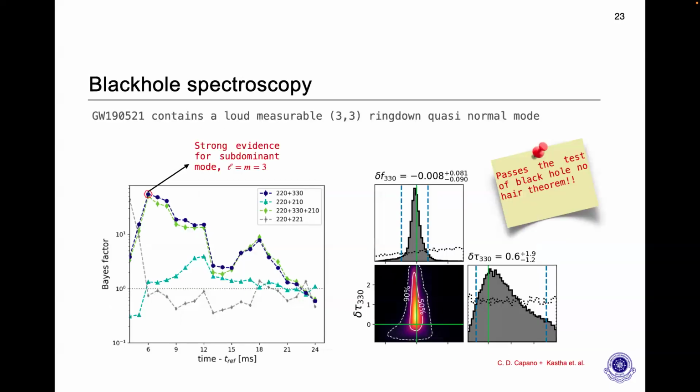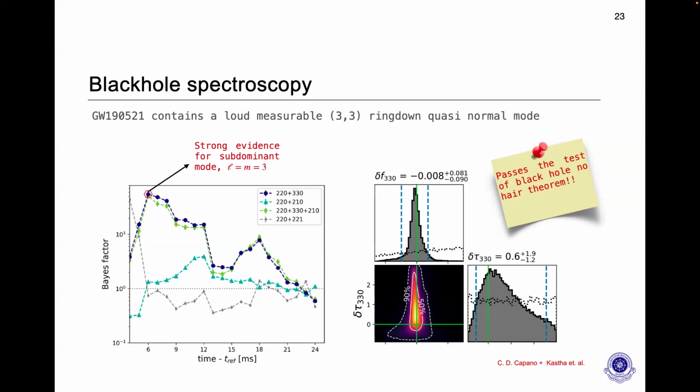And more rigorously, after doing our agnostic search, we again searched our data considering different combinations of Kerr quasi-normal modes. We have an exhaustive list of combinations of different quasi-normal modes, but we don't show it here. We have just shown 4 combinations, and we find that after 6 milliseconds or so, the combination 220 and 330 has a higher Bayes factor.